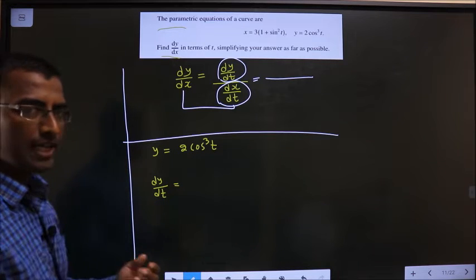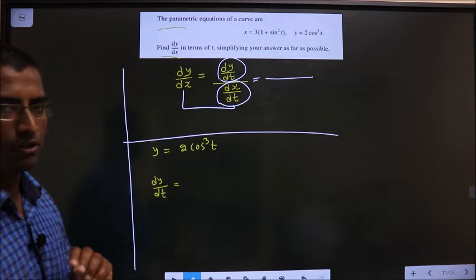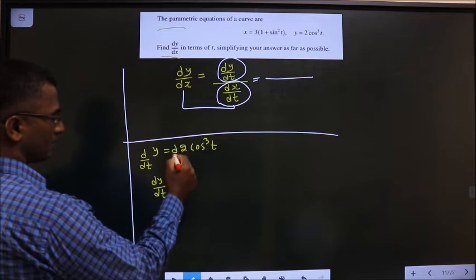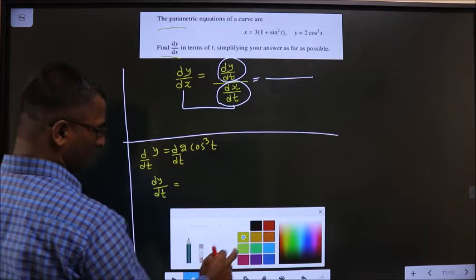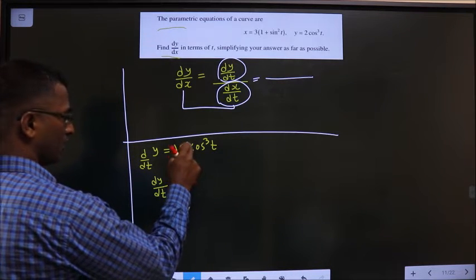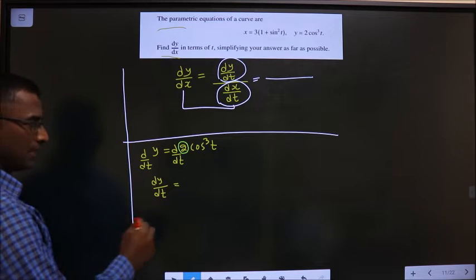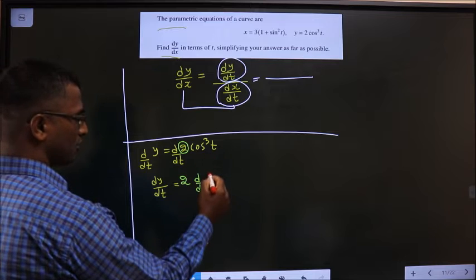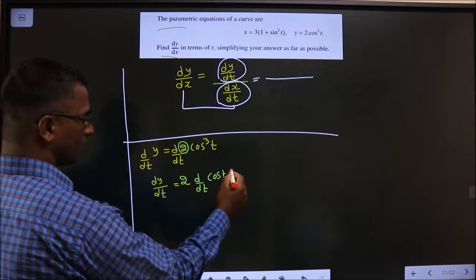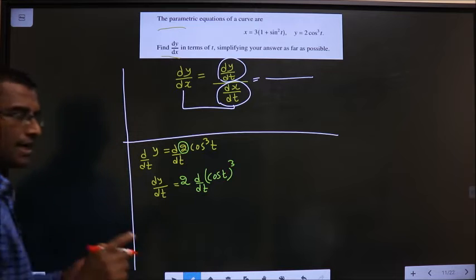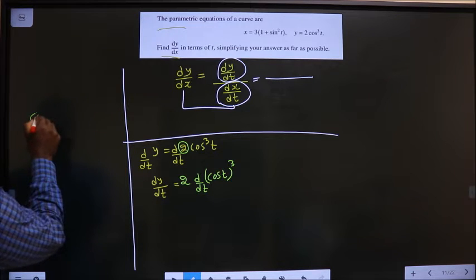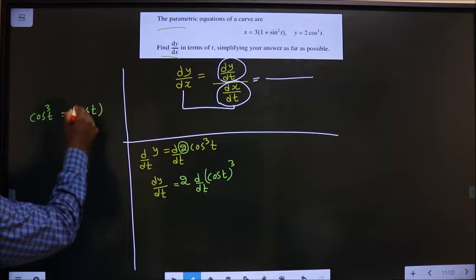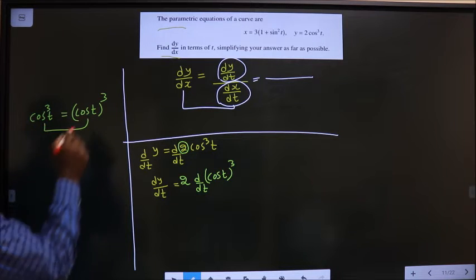Only one way: differentiate on both sides, that is, take d by dt on both sides. 2 will not play any part in differentiation, so it will come out, and cos³t I will write as (cos t) whole cube. They are the same.